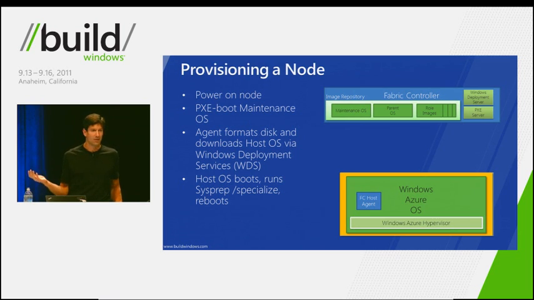Anybody know where that name Red Dog came from? I'm sure somebody's heard the story by now. Nobody? You want me to tell you? All right. The Windows Azure team had a code name for Windows Azure before it got the name Windows Azure, and that was Red Dog.